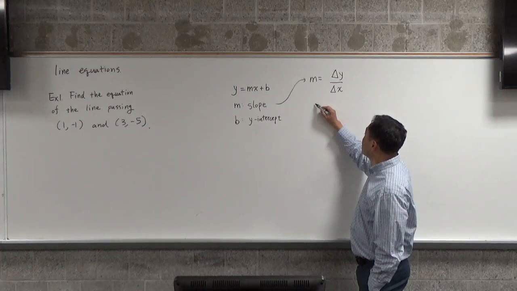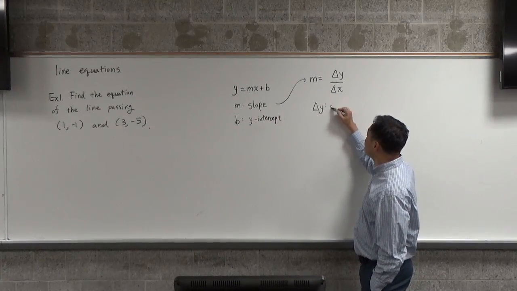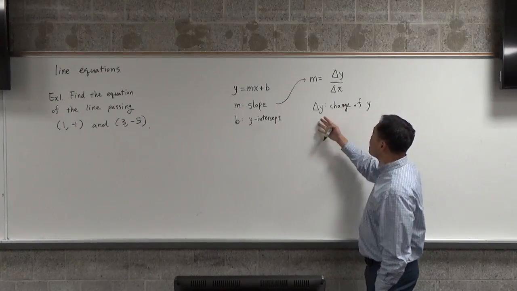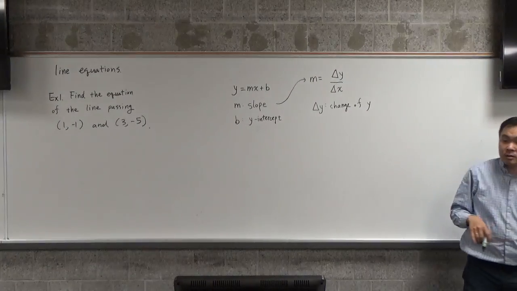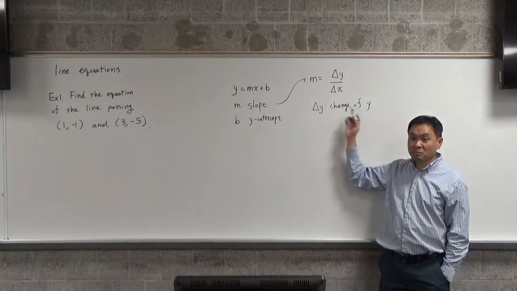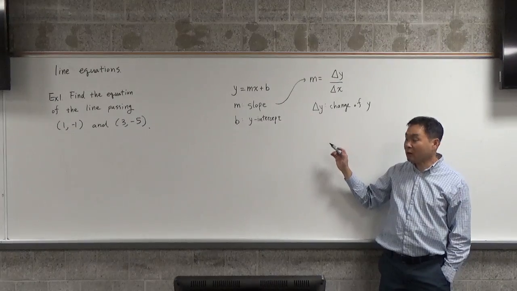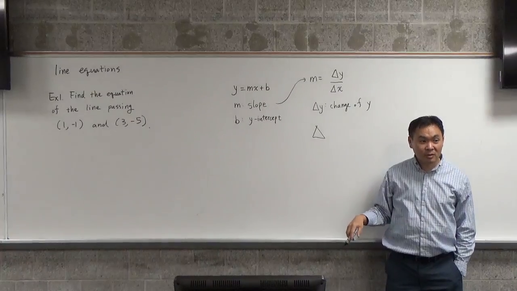Change of y over change of x, where this is a change of y, and same thing for delta x. This is change of x. Before I try to explain what this means by change of something, let me first point out that I read this as delta, right?